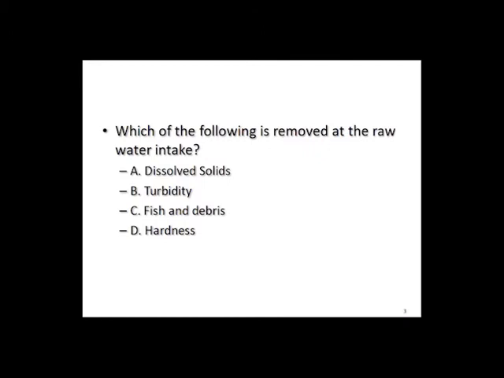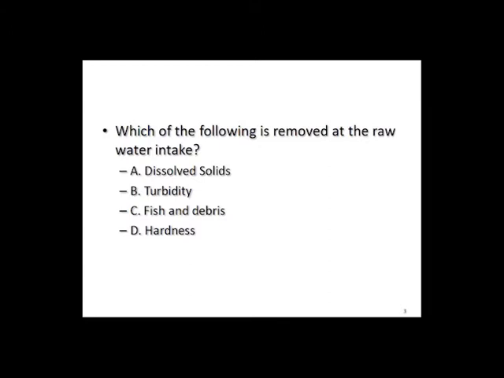Which of the following is removed at the raw water intake? The raw water intake is the beginning of the treatment plant. Dissolved solids, obviously that's not going to be the answer because it's dissolved in the water. You can't remove that at intake. Turbidity is removed by filtration. Fish and debris, so that's an obvious answer right there.